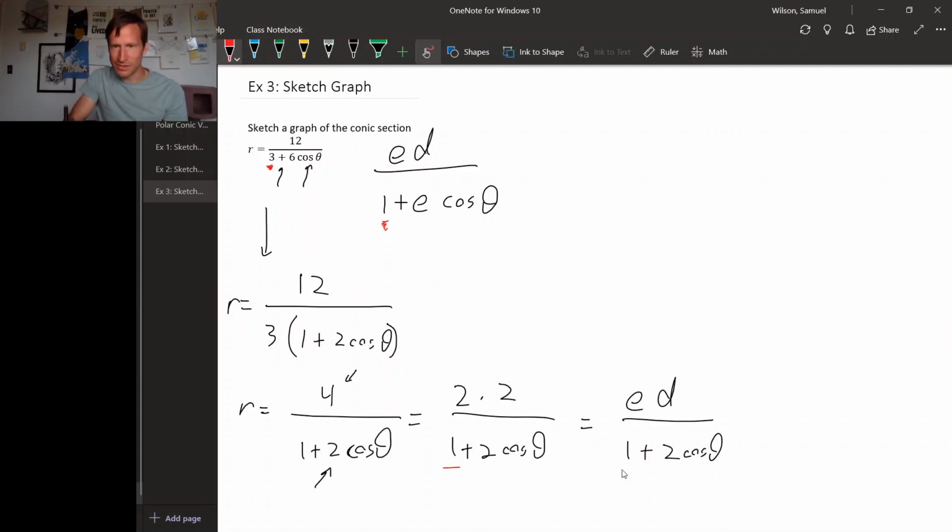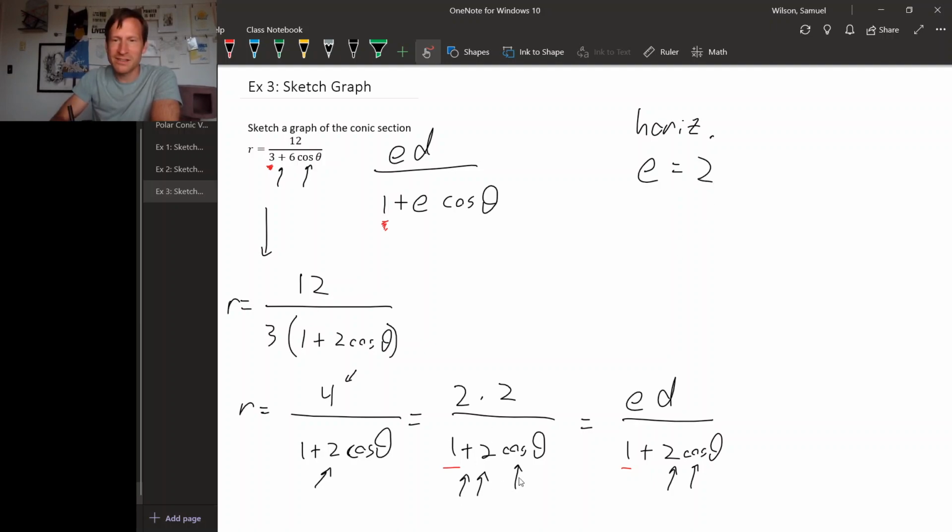Now we have our 1's matching. Because of the cosine, we know that our conic section is going to be oriented horizontally. Because of the 2 right here, we know that the eccentricity is 2.